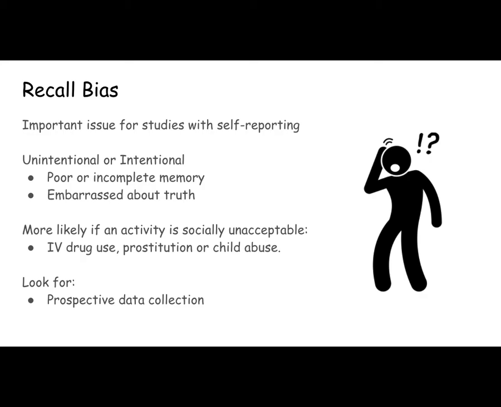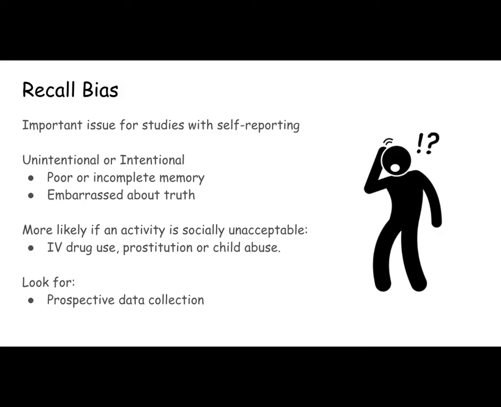And they may not want to tell you exactly how many cigarettes they smoked in the last week. They may shave it off a little bit. Or they may just not totally remember, right? They may not remember at the end of the month how many cigarettes they smoked in the last month.